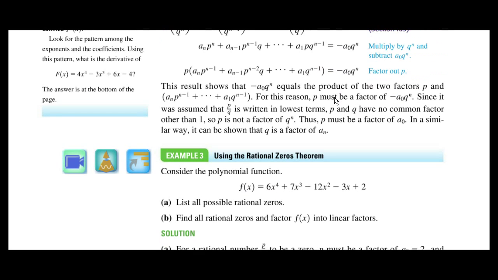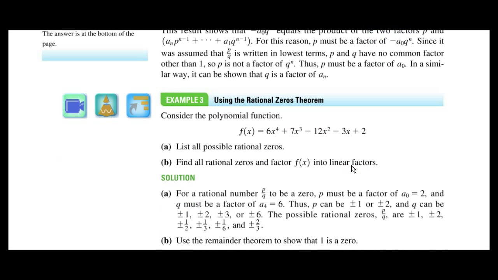And they're saying once you get to this constant, if this constant is a factor, as we see right over here, 2, we could possibly use that, by trial and error, to see whether or not we end up with a remainder of 0. Remember, anytime we get a remainder of 0, then that is one of the factors. Okay, we'll just put it in the form.